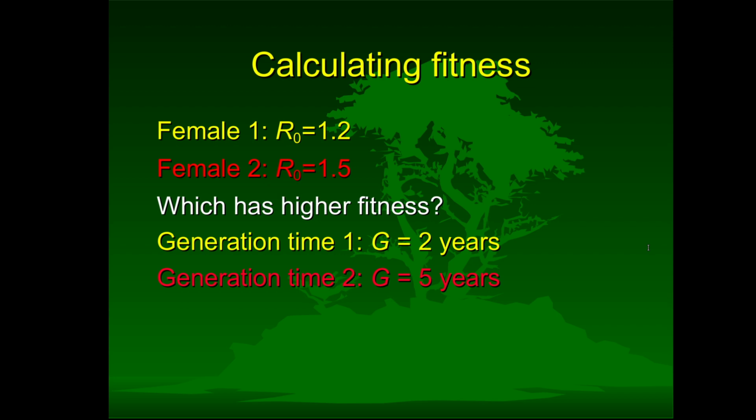So let's step back a second and take a quick look at the units of net reproductive rate and fitness and per capita rate of increase. The units of net reproductive rate are per generation. But if we want to compare the fitness of 2 females, it is not sufficient just to compare their net reproductive rates. Why? Because they might have different generation times.